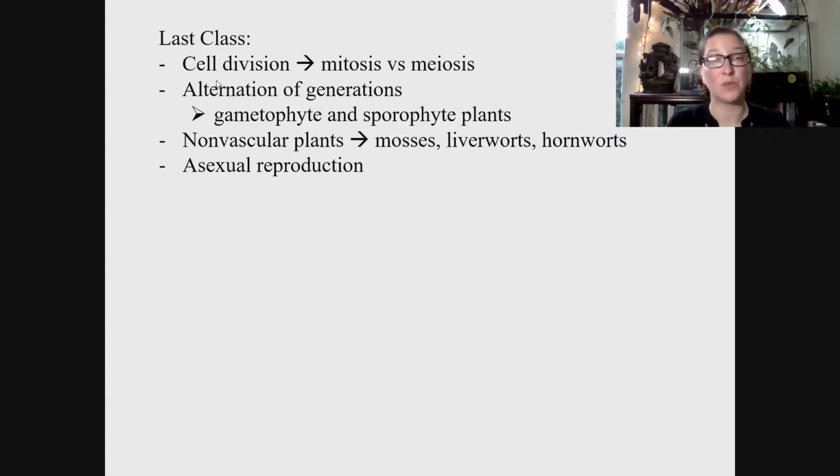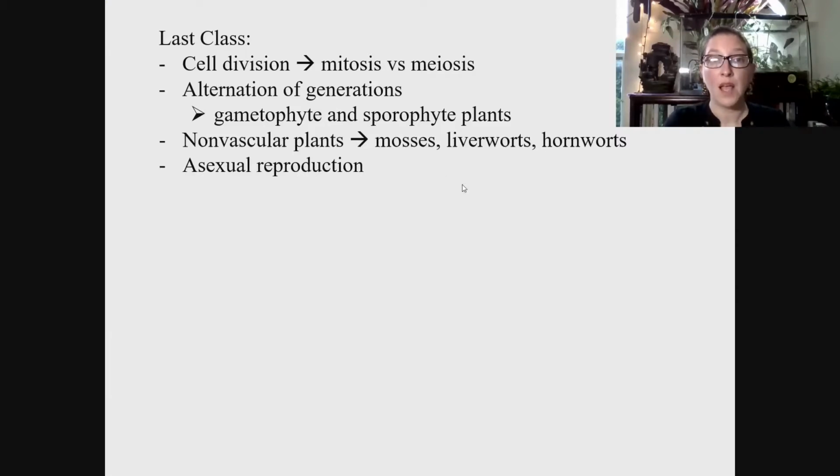The gametophyte plants will in turn make gametes, egg and sperm, and when egg and sperm unite, you're back to your diploid sporophyte plant. When meiosis occurs, there are two stages of meiosis, which you don't need to know, but the point is you start with a diploid cell and end up with 4 haploid, or 1N, cells.